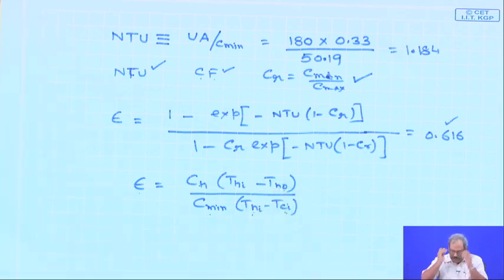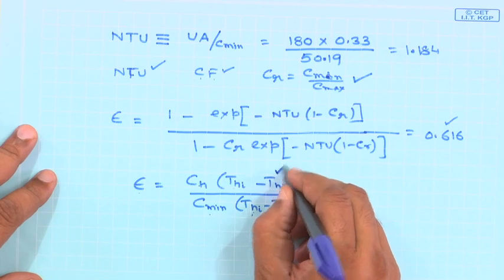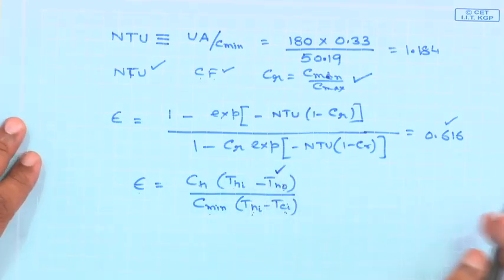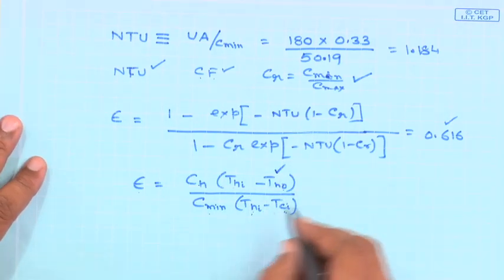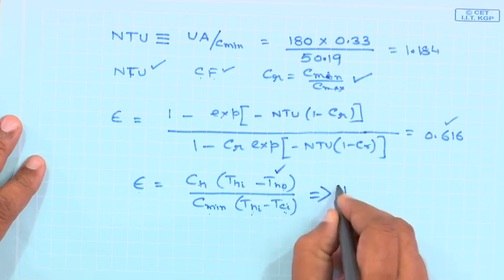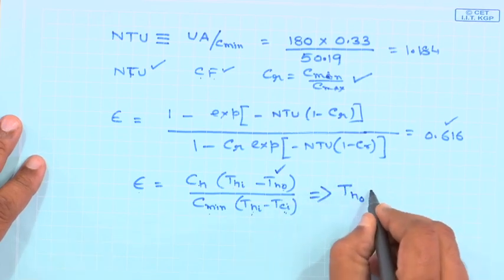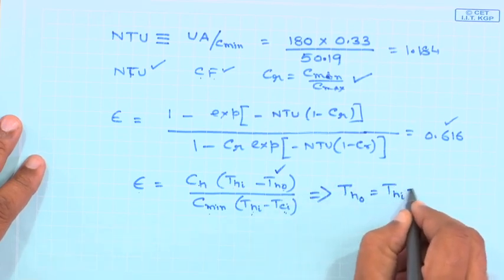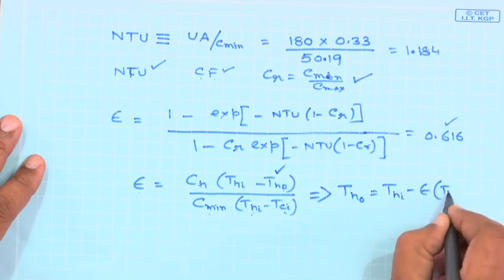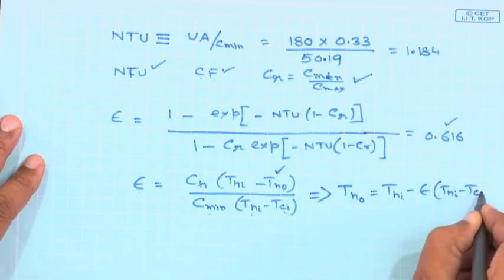So, in here you would see that the unknown is Tho. So, therefore, from here you can calculate Tho to be Thi minus epsilon of Thi minus Tci.